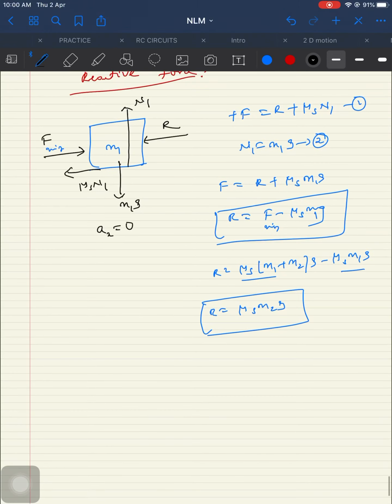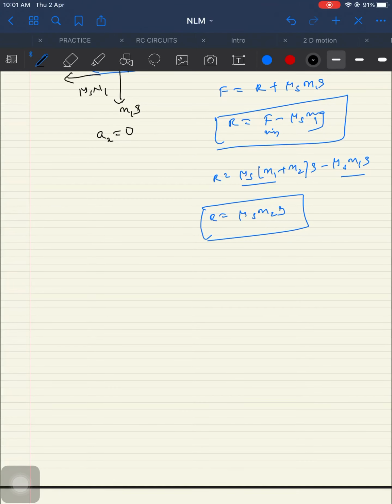We took the m1 block first, and now I am considering the m2 block.